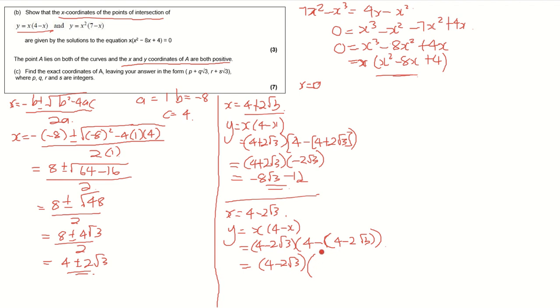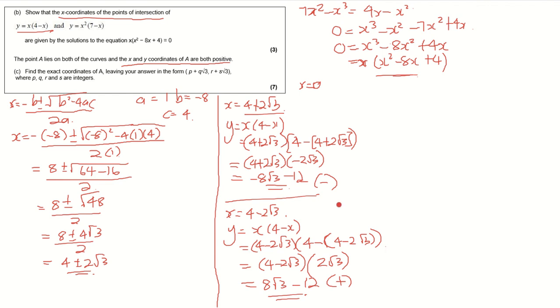Instead of negative, this time it will be positive 2 root 3. Now let's multiply: you get 8 root 3 minus 12. Okay, that's negative and this is positive. You can use a calculator: 8 root 3 minus 12 is 1.85 and so on.